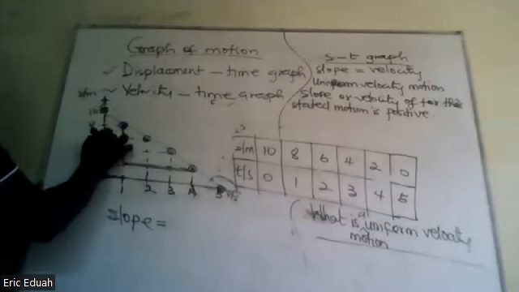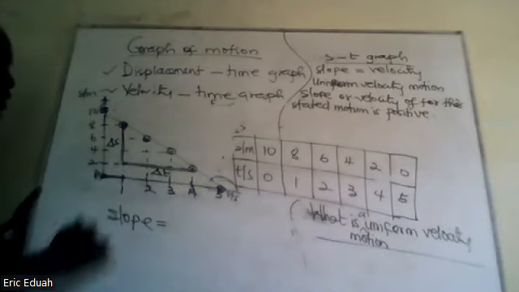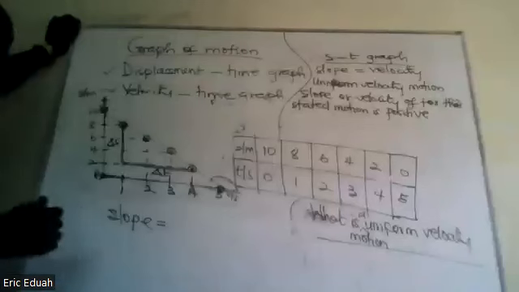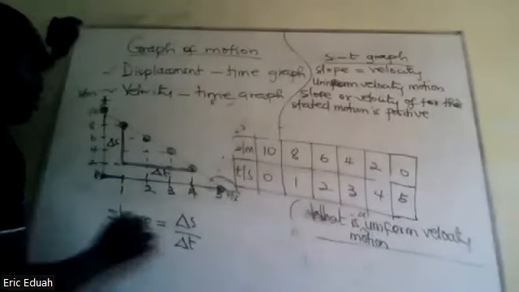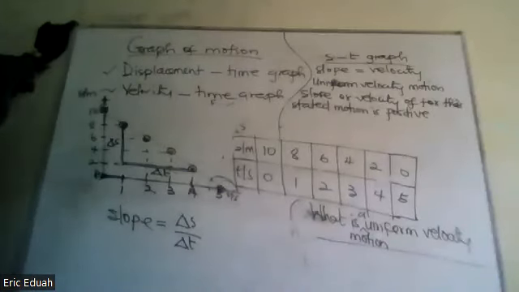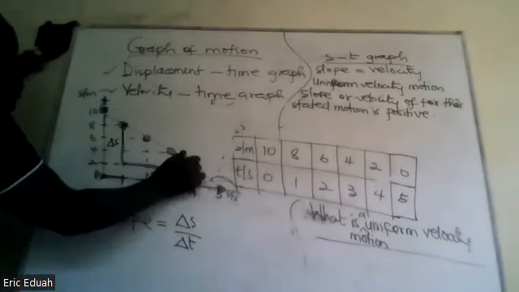So change in the displacement, change in the time. Okay, so let's determine the slope. For the vertical, change in S and change in T. What is the final? The final distance covered. I picked this point and this point.